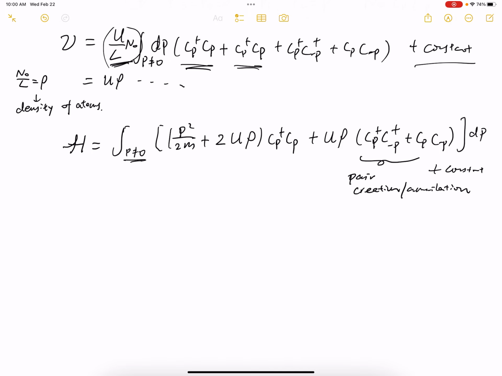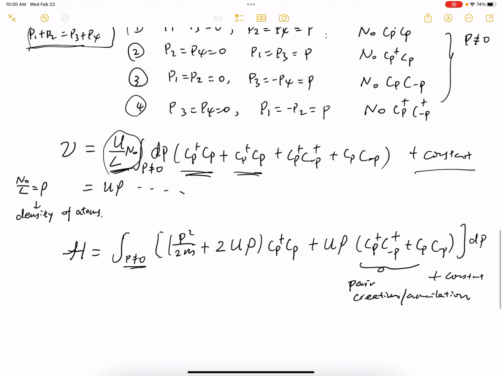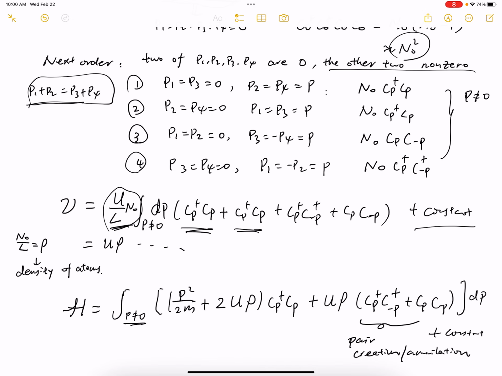Any questions? Yep. Are there more combinations, like when you did the momentum P1 equals P3 equals 0? If you get P1 equals P4 equals 0, wouldn't that be an additional combination that would give you a factor of 2 in the potential calculation? Sorry, which one?